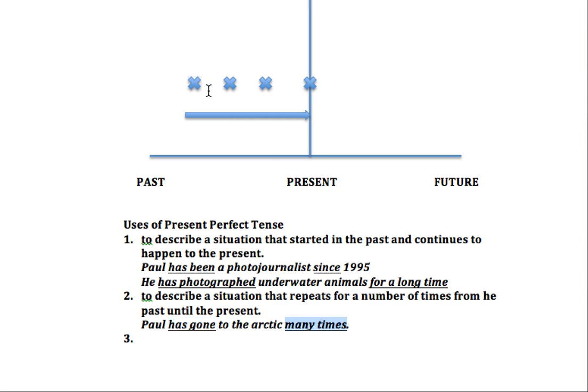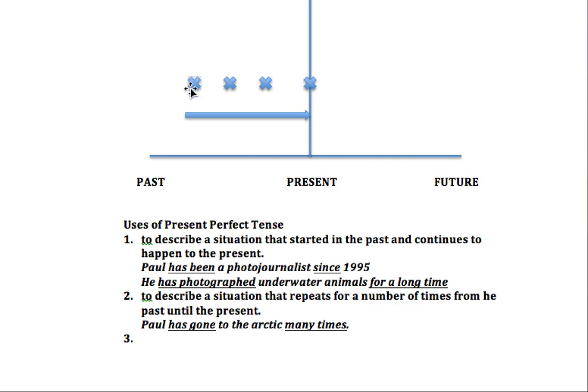If you take a look at the graph here, this is the past and this is the present. Between the past and the present, there are a couple of times where Paul has been to the Arctic, to the North Pole. The first time was maybe many years ago. This was the first time, this was the second time, and this was the third time in the past, and in the present, Paul is still going to the Arctic.